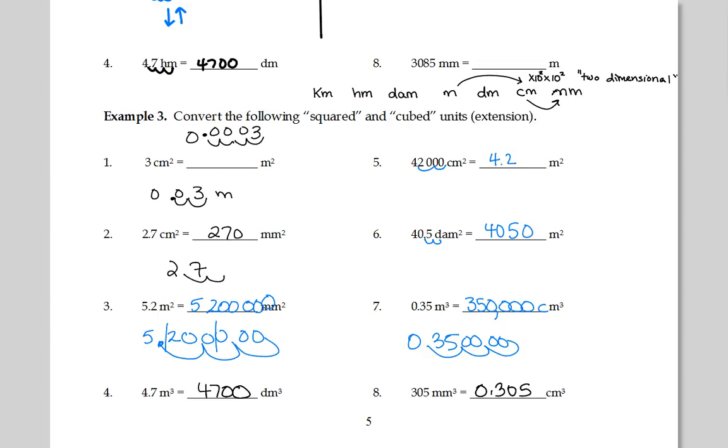So how many jumps is that? Just 1 jump, but each jump is worth 3 decimal moves or 1,000. Good. And the unit got bigger, so the number gets smaller.